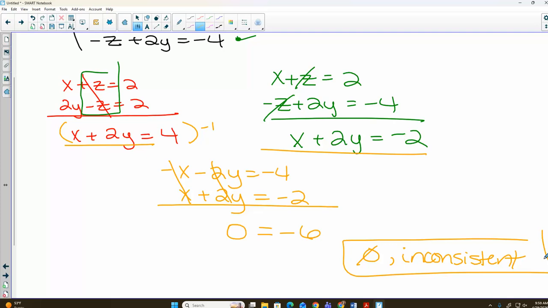How do I know the difference between a no solution and an infinite solution? If I added it and I got 0 equals 0, that would be the case where there are infinite solutions and we have to write the ordered pairs in terms of whatever variable. And this one it said that in the directions, in terms of y, if that occurs.